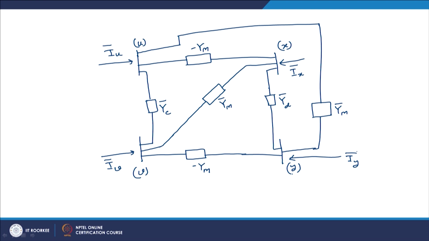Then therefore, if I wish to incorporate this into a bus admittance matrix, when I am writing down the self admittance term, or rather the diagonal terms, I will simply add this, this and this, and between u and x there would be a term minus of minus y m, that is y m. Between u and v there would be a minus y c.